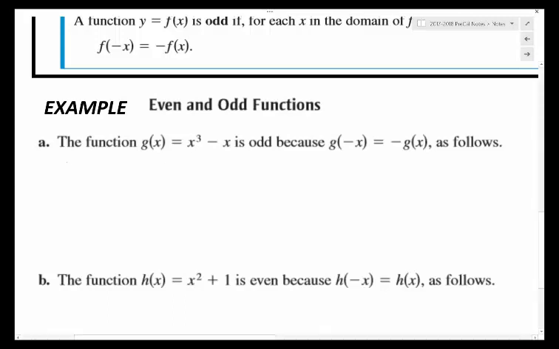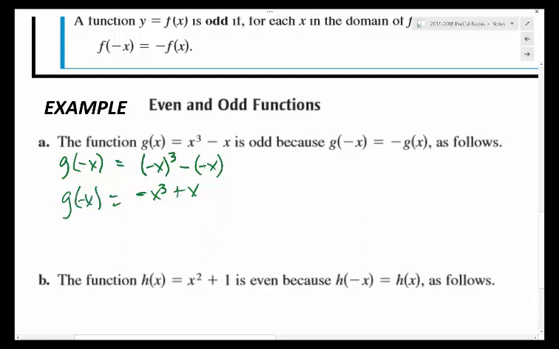So if I have this, g of negative x is going to equal negative x cubed minus negative x. Now when I cube a negative, the negative remains. And then negative times a negative is a positive.